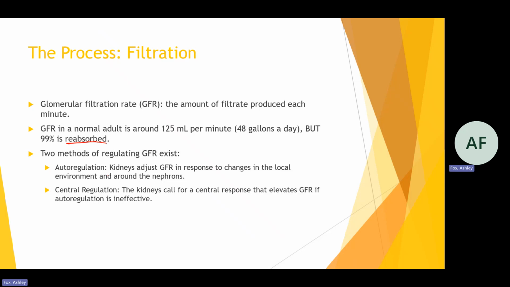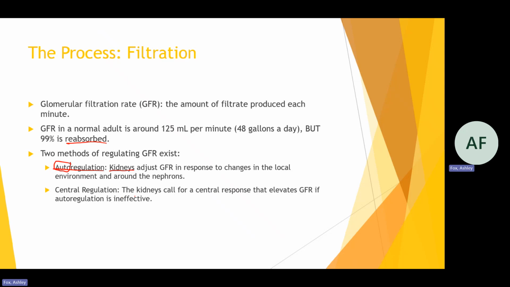So we have two ways of regulating it. One is autoregulation. Auto means self, so this is self-regulating. The kidneys can adjust their GFR by responding to things like changes in blood pressure and volume and what they're sensing is going on.